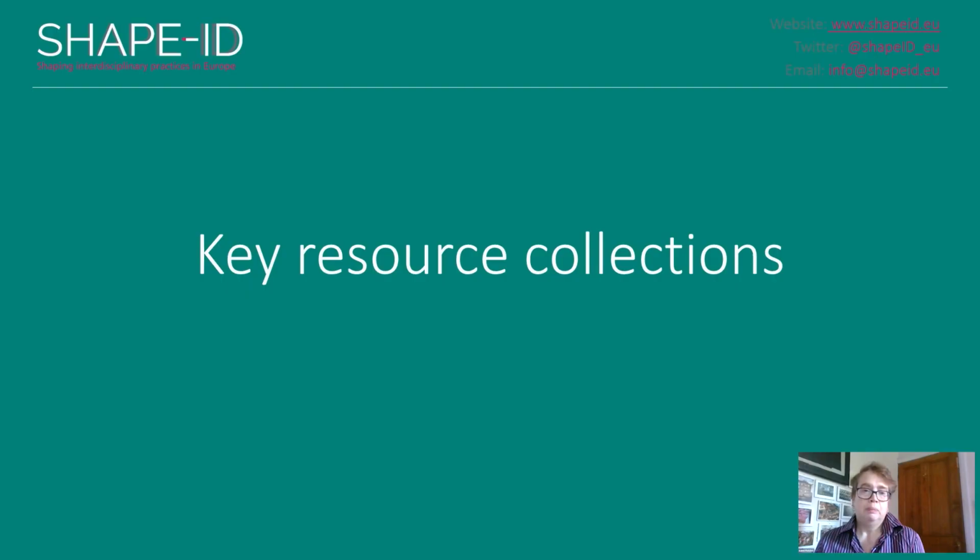Next slide, please. So now I want to talk about a few of the key resource collections that I think will be interesting to this audience. So I've highlighted co-creating a research project, funding inter and transdisciplinary research, and supporting inter and transdisciplinary researchers. Next slide, please.